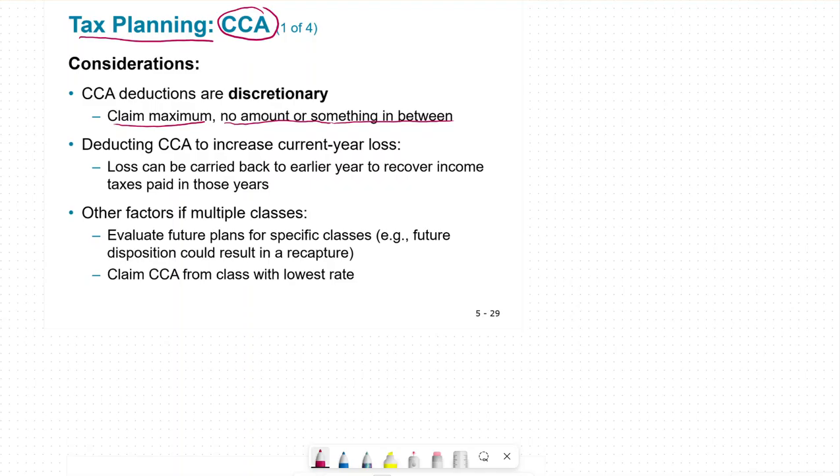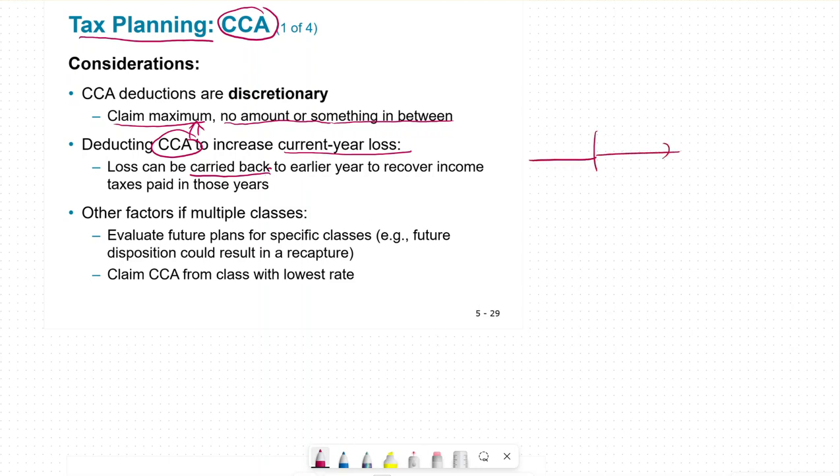Why would you deduct the maximum CCA to increase your losses? Because losses can be carried back or carried forward. If you paid taxes in a previous year, you could get some of those taxes back.